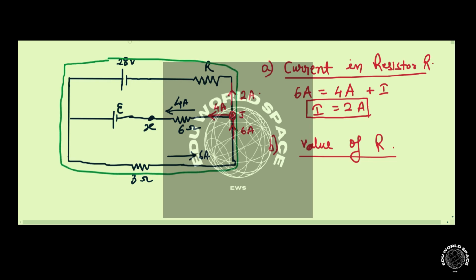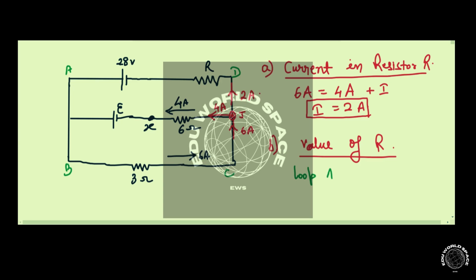So we will apply Kirchhoff's voltage law to this loop. Let us say we name it as A, B, C, D. So what we are considering is loop A, B, C, D, A. In this loop, we apply Kirchhoff's voltage law. And we start from any point. Let us say I start at this point, and we take this point as zero potential.